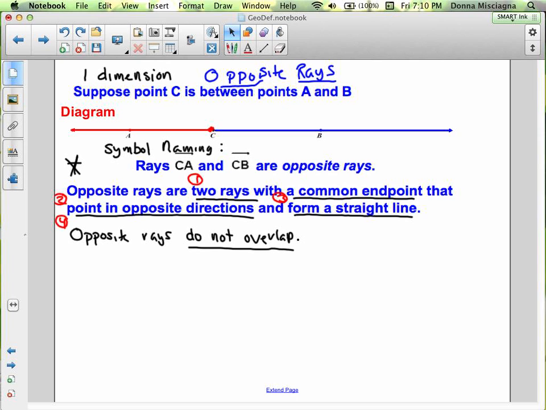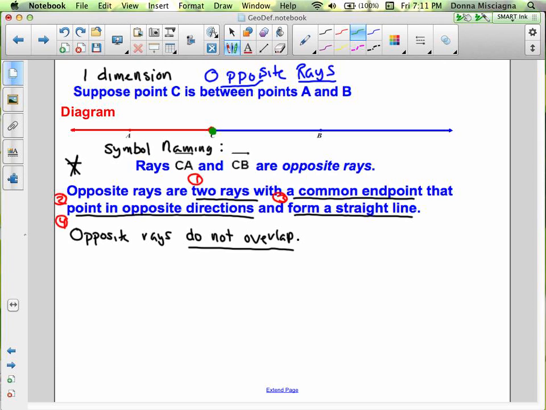For your diagram here, we have 2 opposite rays. You're going to draw a line with points A, C, and B. This point right here, actually I'm going to put it in green so you can see it. It'll be different than the 2 line segments, the 2 parts of the line there.